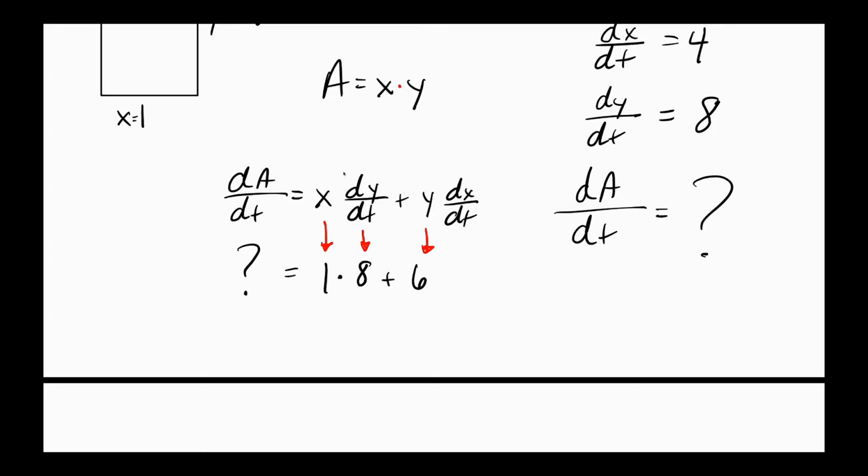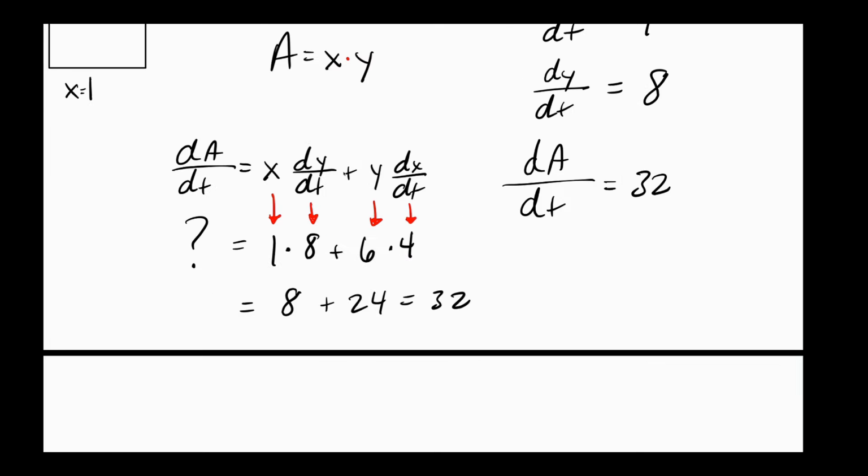And what's dx dt? And solve. Question mark equals 8 plus 24, which is 32. Don't leave it as 32.